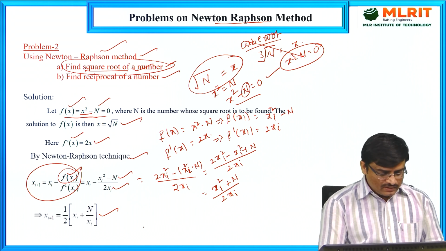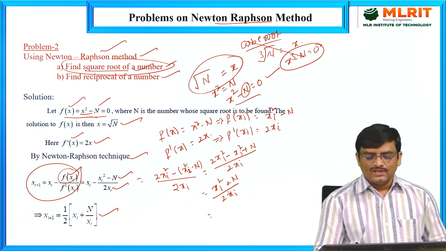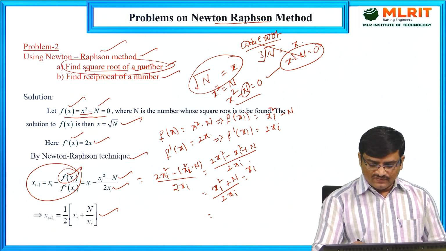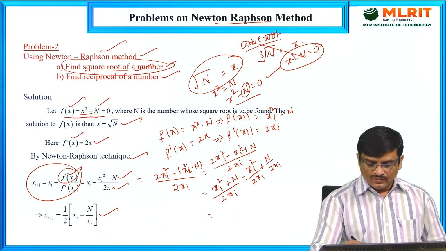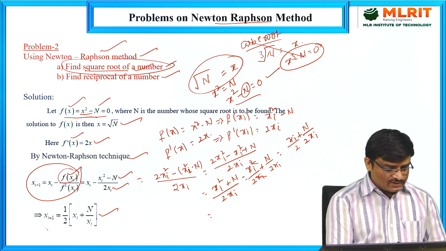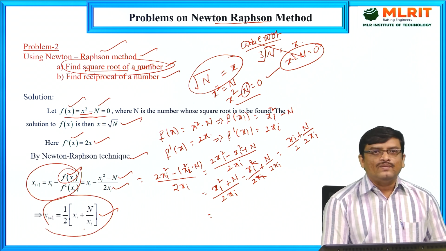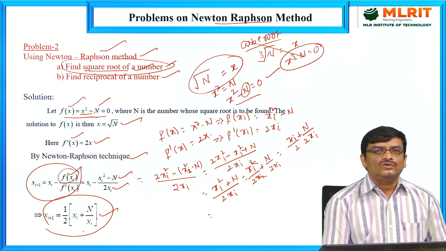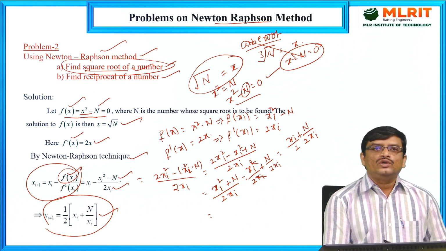This is of the form (a plus b) by c, so it can be written as x suffix i square by 2x suffix i plus n by 2x suffix i. One x suffix i gets cancelled, and you get x suffix i by 2 plus n by 2 into x suffix i. Take 2 common and you get this. So this is our standard formula to find the square root of a number by using the Newton-Raphson method.